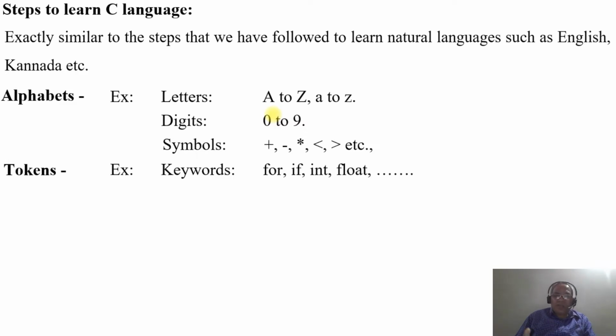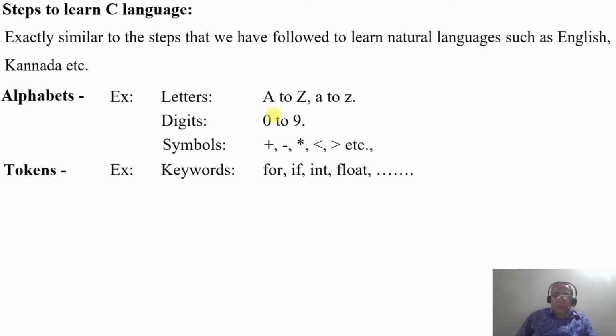So what is a token actually? There are some keywords, and those keywords cannot be used as a variable. That means it is already defined in the language that some of the words will not be used in the program.